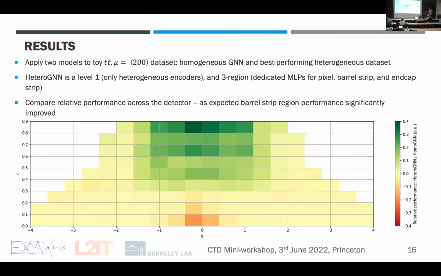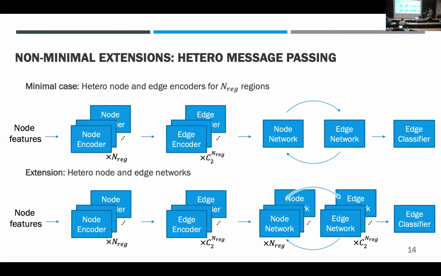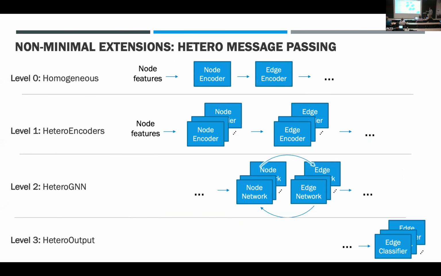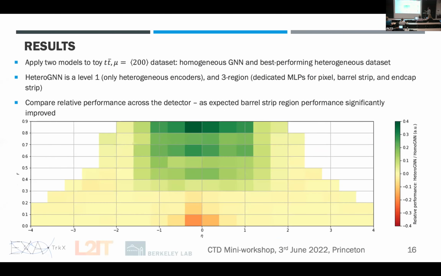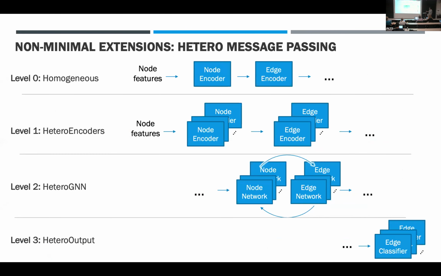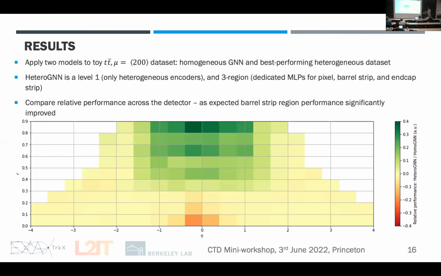We basically scanned over all these different possibilities and different combinations of regions, because it's not obvious which choice is the correct one. So we picked the best performing one, which happens to be only heterogeneous encoders, but treating your node and edge updates homogeneously. And a 3-region heterogeneity.